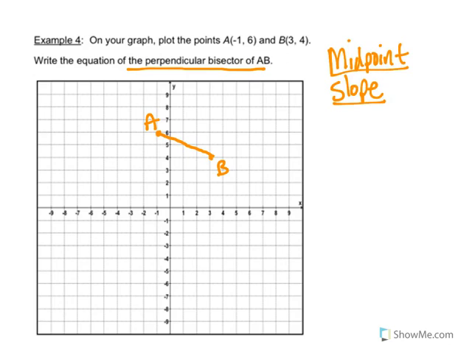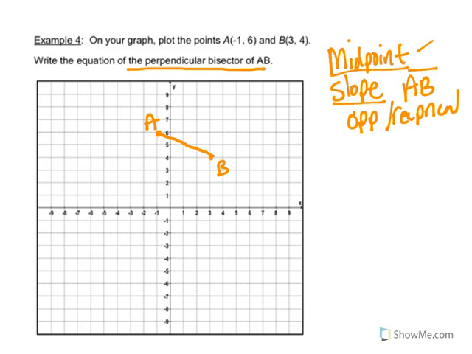So in order to figure out the slope of the bisector, we need to know the slope of AB. Because once we know the slope of AB, we can take the opposite and reciprocal, remember that's perpendicular slope, and then use that slope and the midpoint to get the equation of the line. So let's work on that, okay?